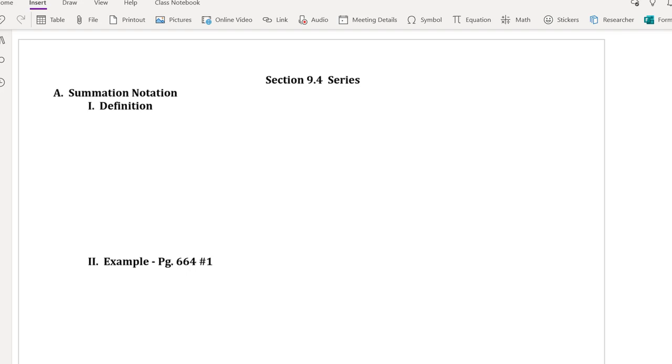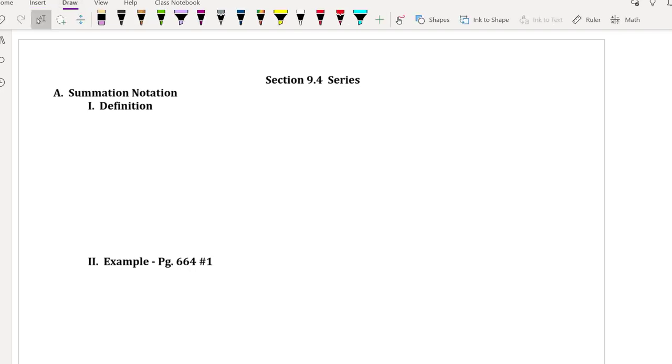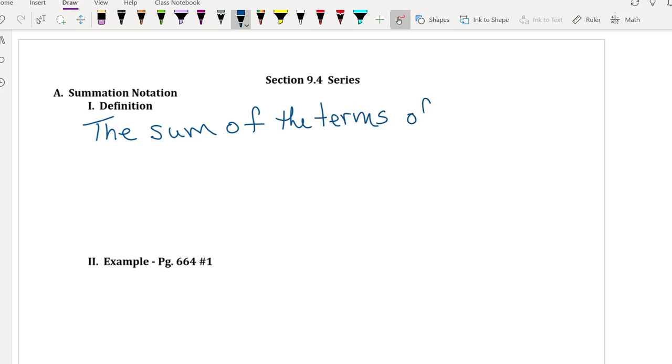So first let's talk about summation notation. The definition of summation notation is the sum of the terms of a sequence, and write the sequence as our list of terms.